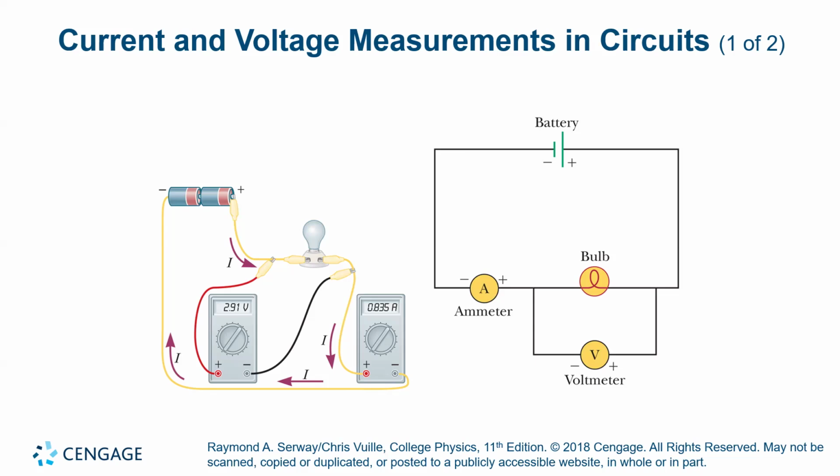It has to be very small in order not to disturb that flow. So an ammeter is like a wire. It's like a very small resistance, very close to the wire's resistance. And it's going to not affect the stream as it measures it.